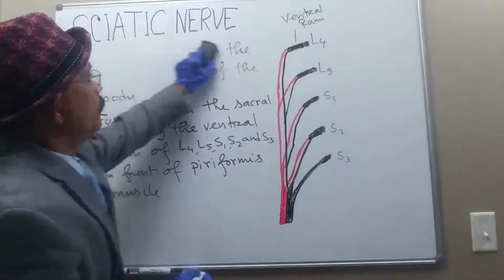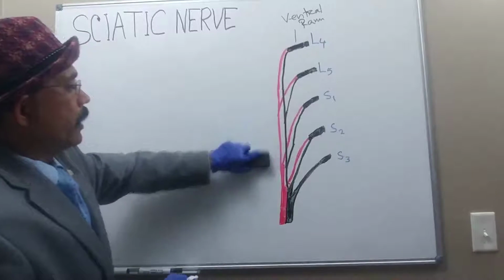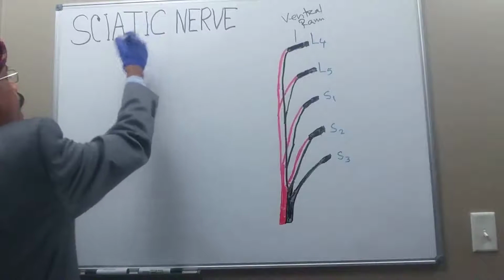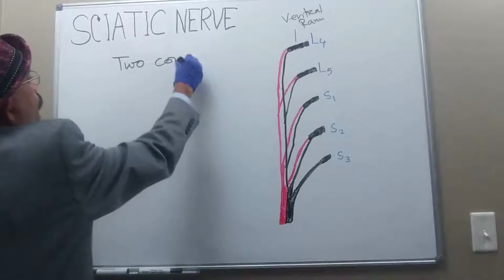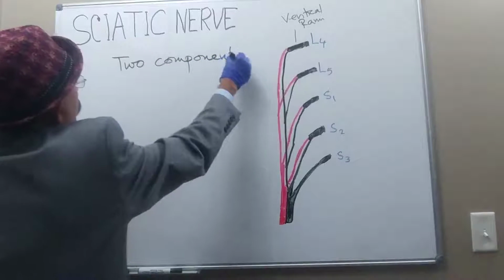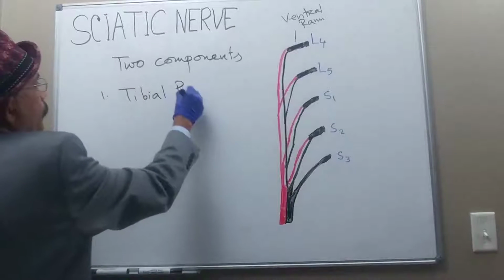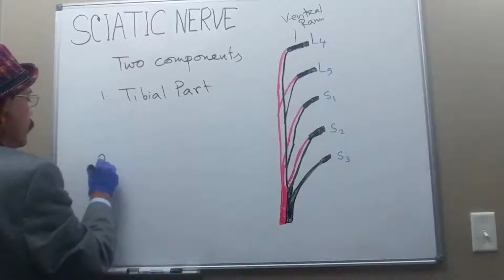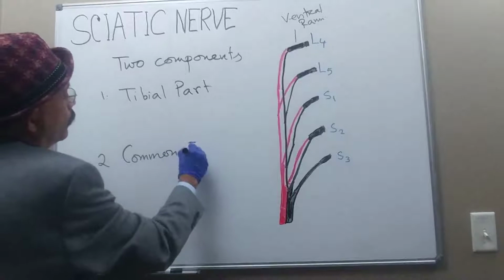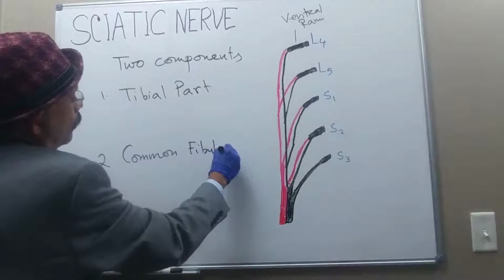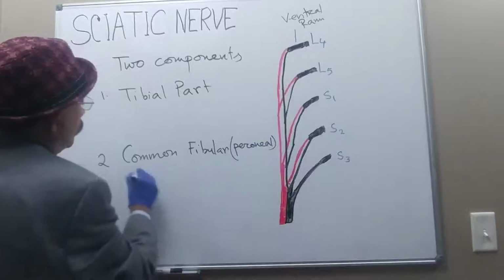The sciatic nerve has two components. One is the tibial part, another one is the common fibular part, also called the peroneal part.